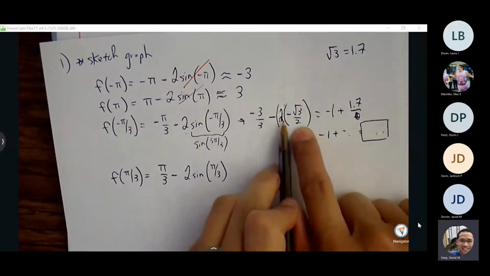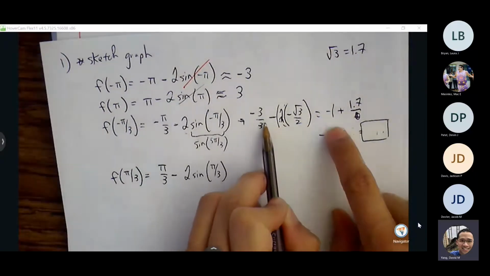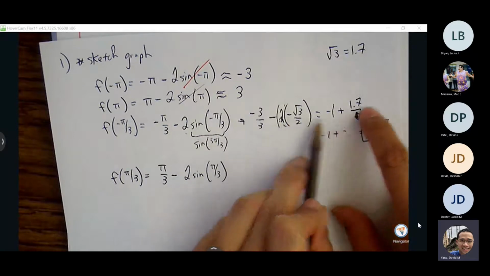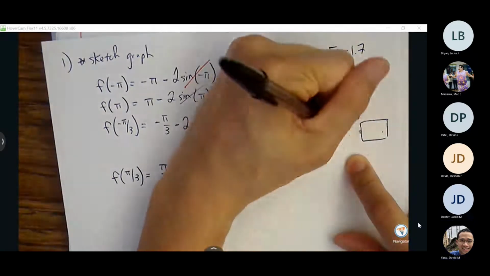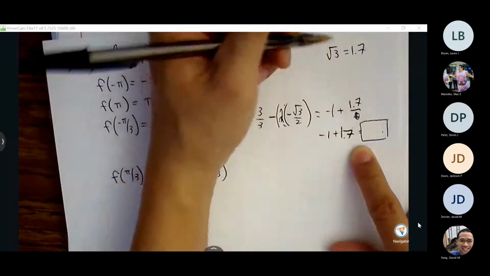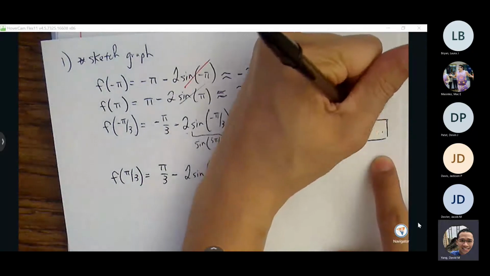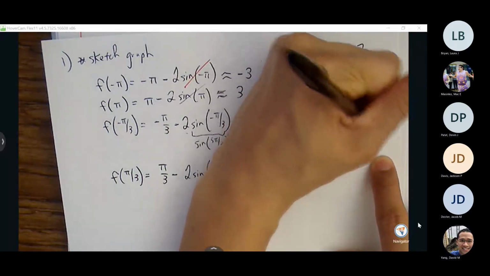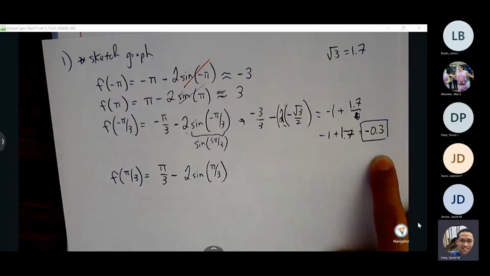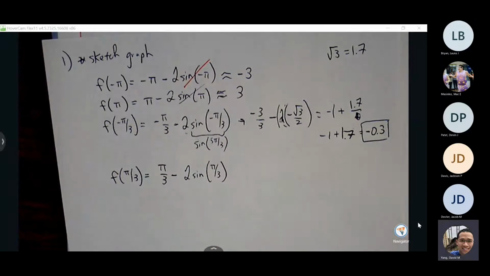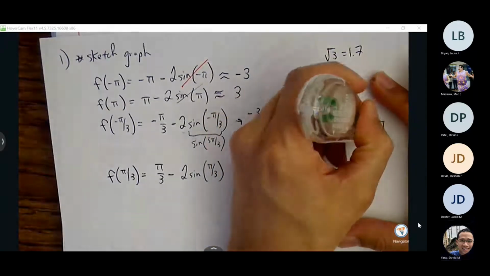So the 2's cancel out. So I have -1 plus 1.7. So more like -0.3. Like 1.7, right? Sorry, 0.7.